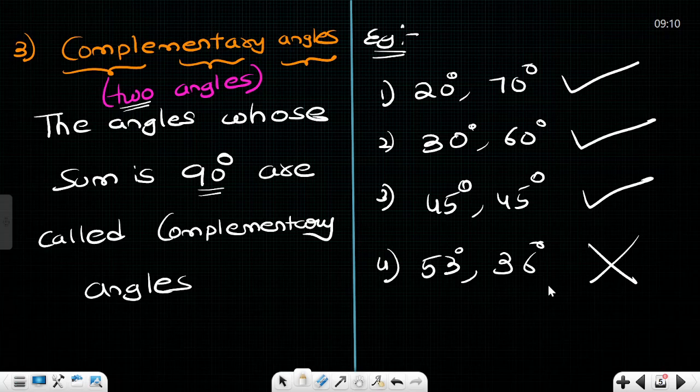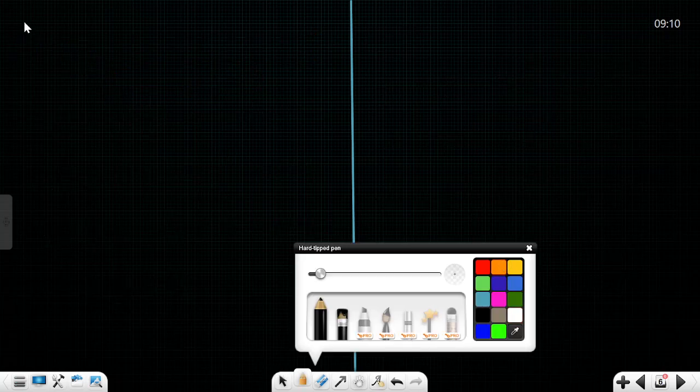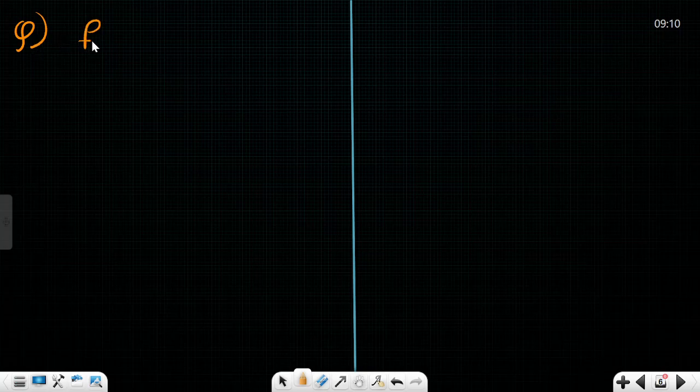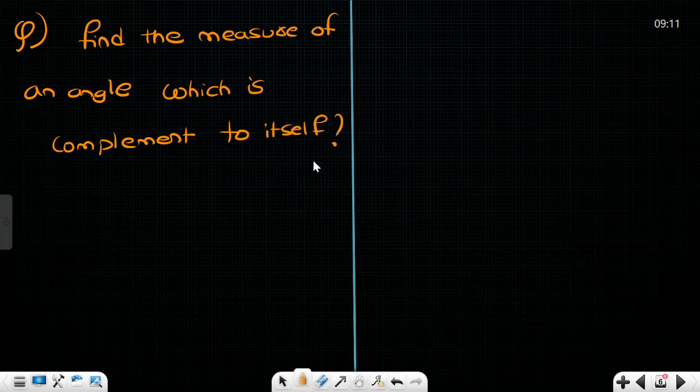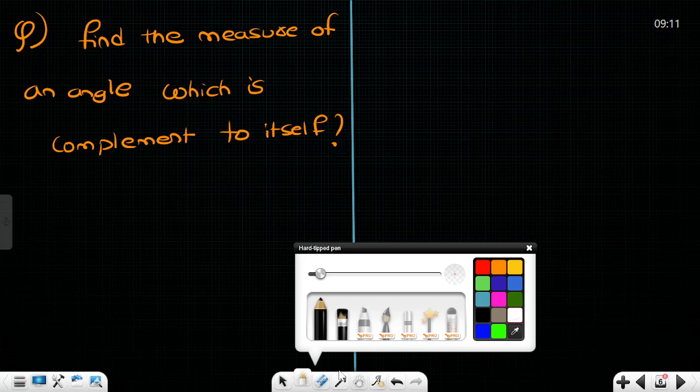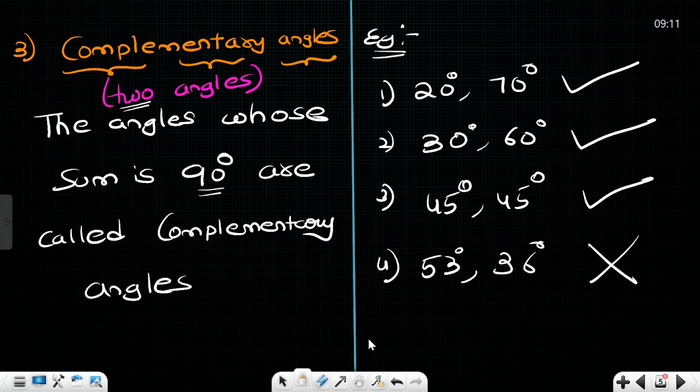Now I will give you a question. The question is, find the measure of an angle which is complement to itself. So this is the question. Before understanding this question, I wanted to say a point over here.